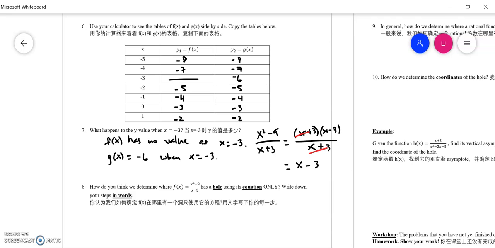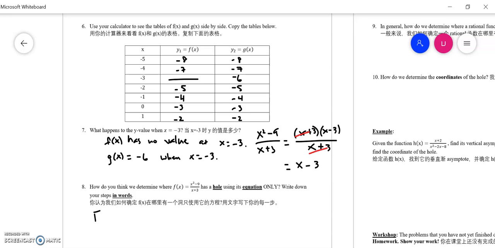Let's look at the equation of f of x. What does it have that g of x does not? More specifically, what did we do to f of x to change it into g of x, even though they're essentially the same equation? What we did is we factored and then simplified, and this will be the key to finding holes. So how do we determine where a hole is using the equation?